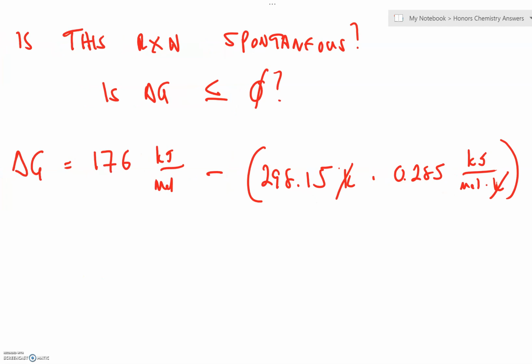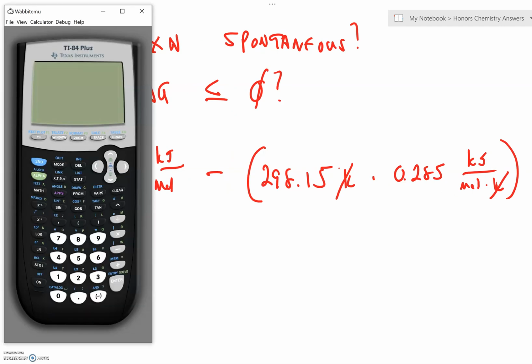Okay, let's bust out our calculator. I have my fancy Texas Instruments emulator calculator, and if it works, there we go. And so what we're going to do is say positive 176, and we're going to subtract from that the quantity 298.15 kelvins times 0.285 kilojoules per mole Kelvin.